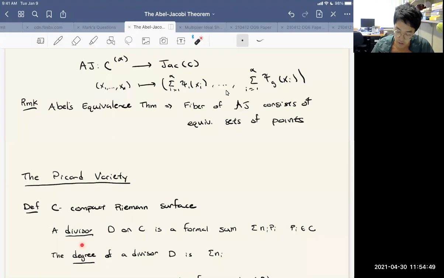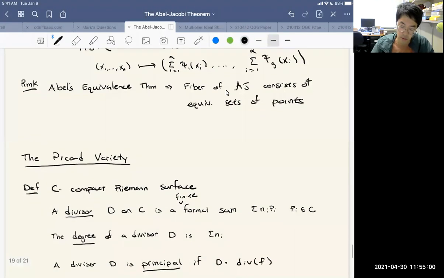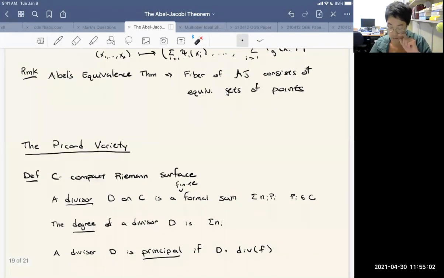The degree of a divisor is the sum of all of these coefficients.